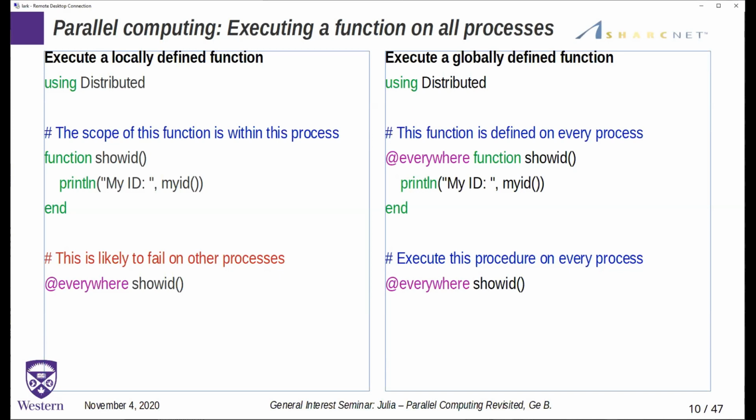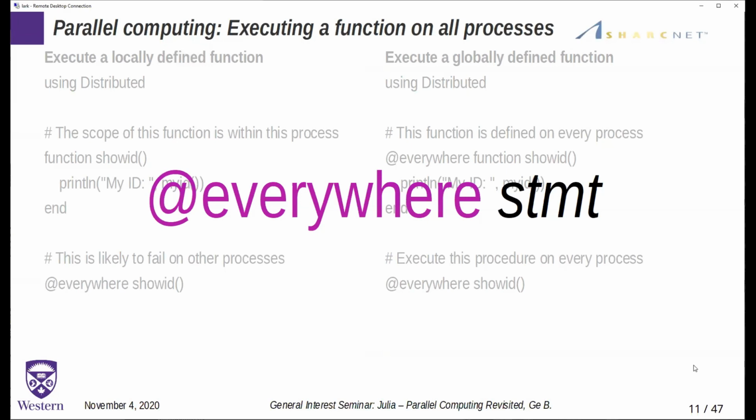We define a function everywhere. In this case, we define a global function globally everywhere, and then we execute this procedure on every process. So again, in summary, you use the everywhere mechanism and statement to broadcast values or define functions everywhere.